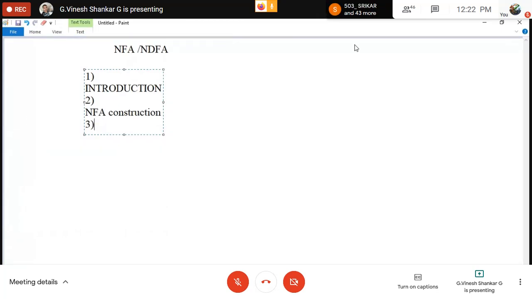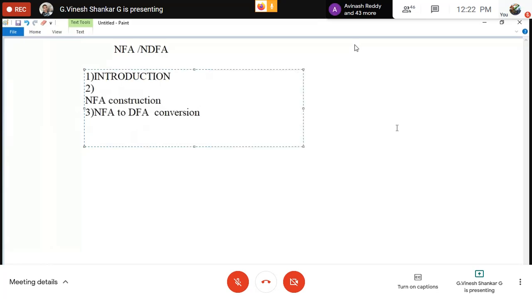So that conversion also we are going to see. This is only for NFA without epsilon moves. We are going to cover here without epsilon moves.